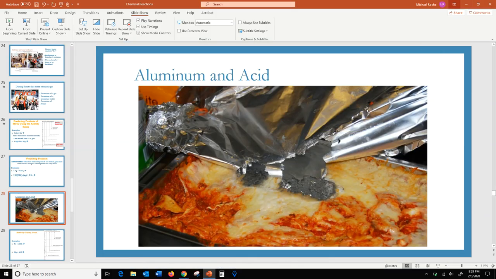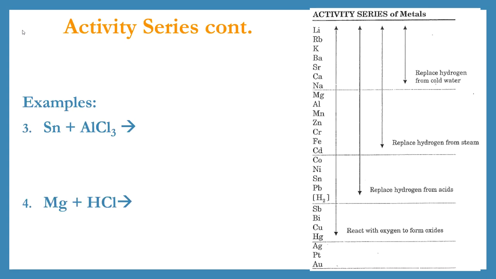Anyway, all right. So aluminum and acid, if you look back on this thing, aluminum here is in a situation where it says it will react with hydrogen from acids, right? All of these here react with hydrogen from acids, and aluminum's in that.